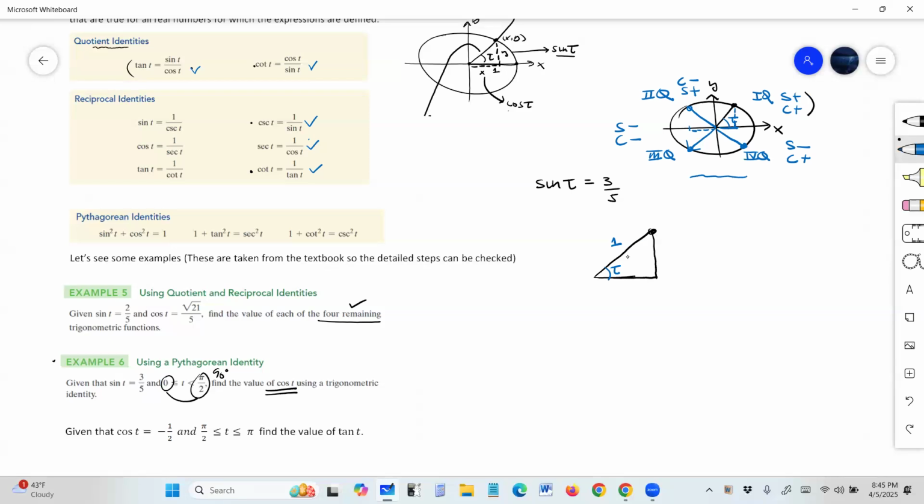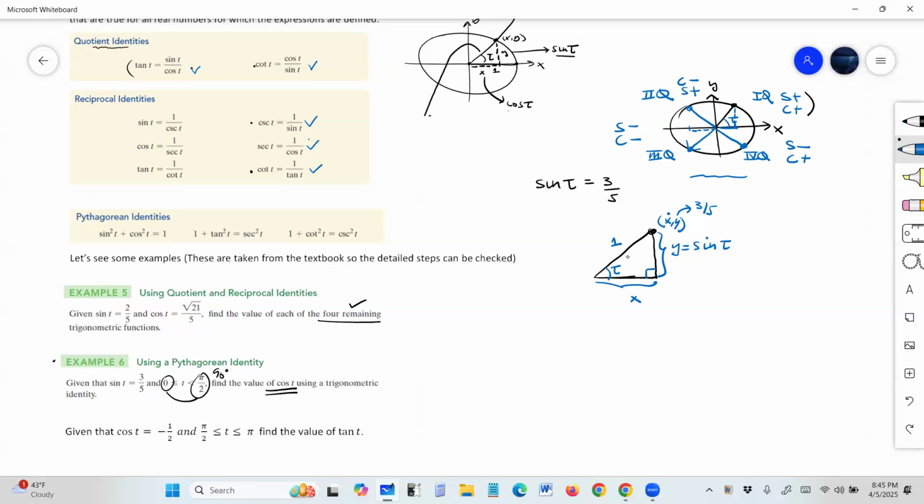Now I'm told the sine is 3/5. So this location here, which is x and y, this length is my y, which happens to be the sine of t. And I know the y coordinate is 3/5. The x coordinate is this length right here, which I don't know.